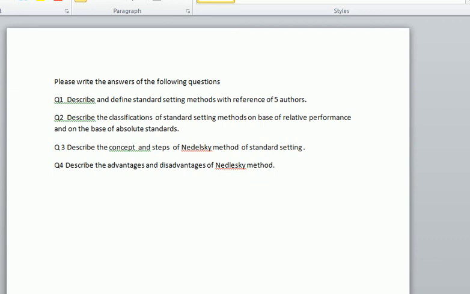Each question not less than 300 words, and in the next class I will conduct a quiz about this method, and you should write the answers of these questions and get ready for the quiz, which may be written or oral in the next class.